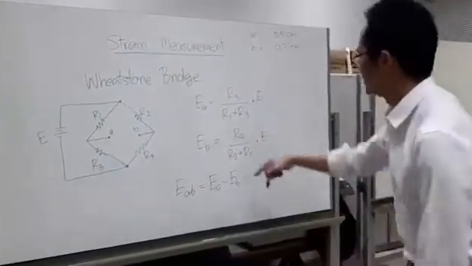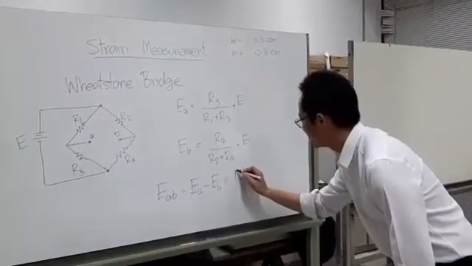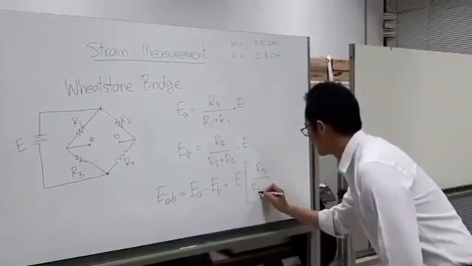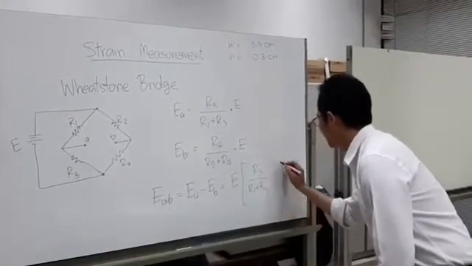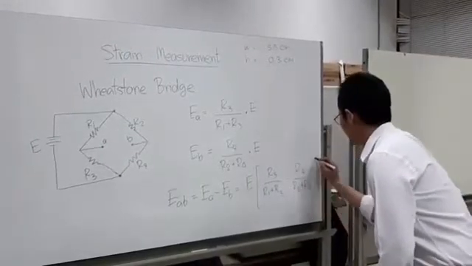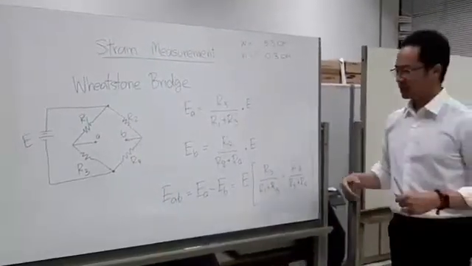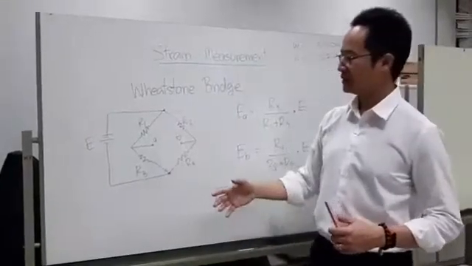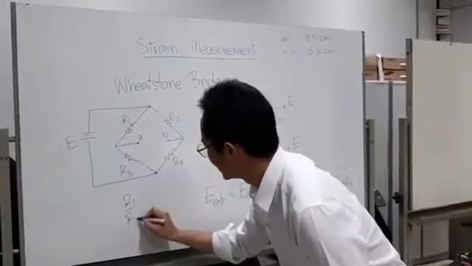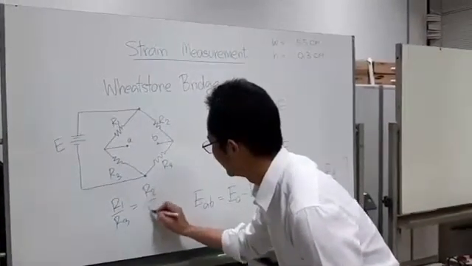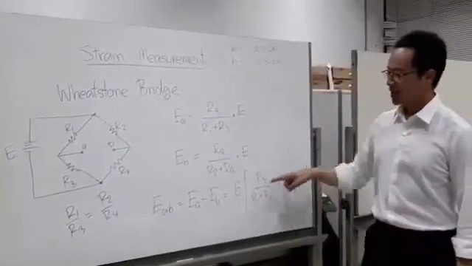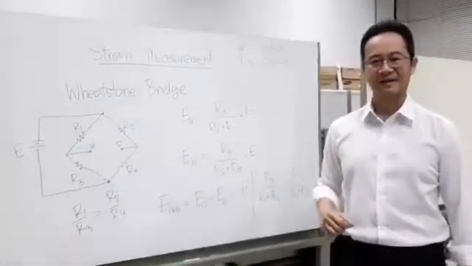So you have E times the bracket R3 over R1 plus R3, minus R4 over R2 plus R4. What does it mean? If your system is balanced, meaning R1 over R3 equals R2 over R4, you can see that the output voltage will be exactly 0.